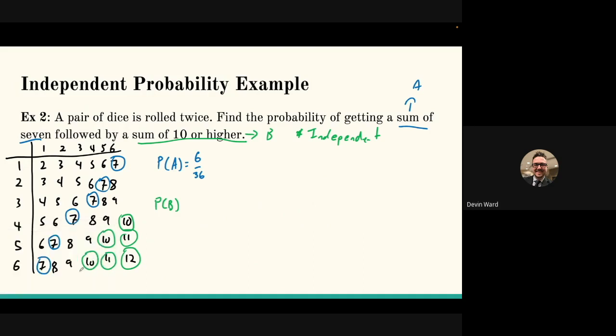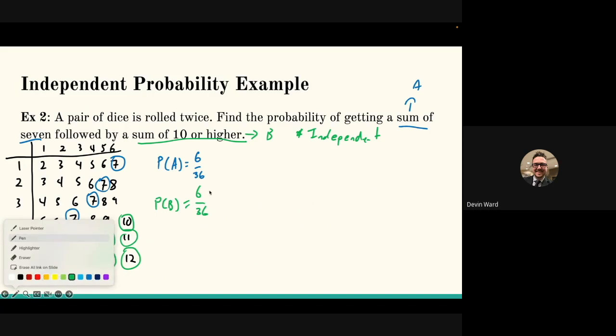Okay. And then we have 1, 2, 3, 4, 5, 6 options here. So we have 6 out of 36 ways to roll a 10 or higher.